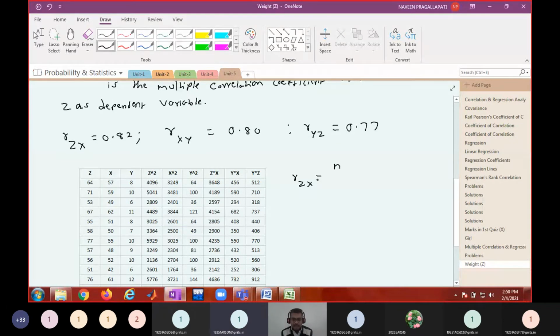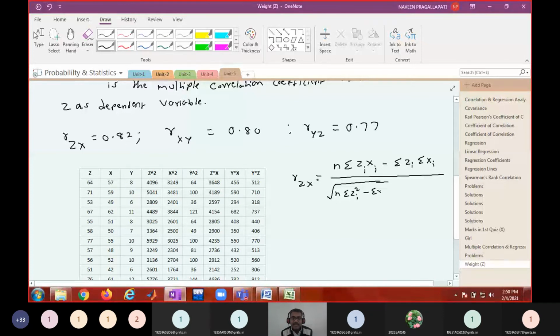N into sigma zi xi minus sigma zi into sigma xi, divided by root of n into sigma zi square minus sigma zi whole square, into root of n into sigma xi square minus sigma xi whole square.